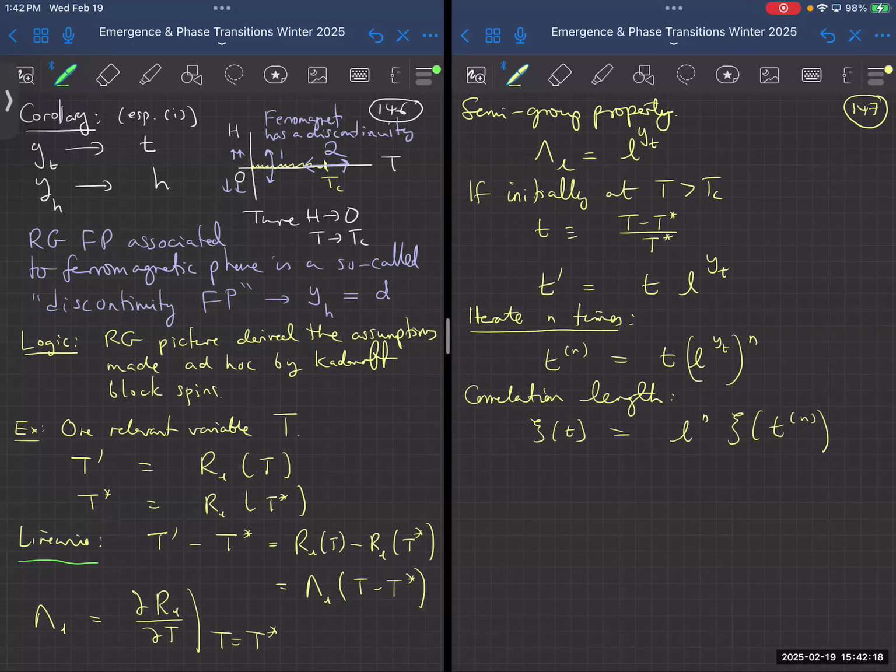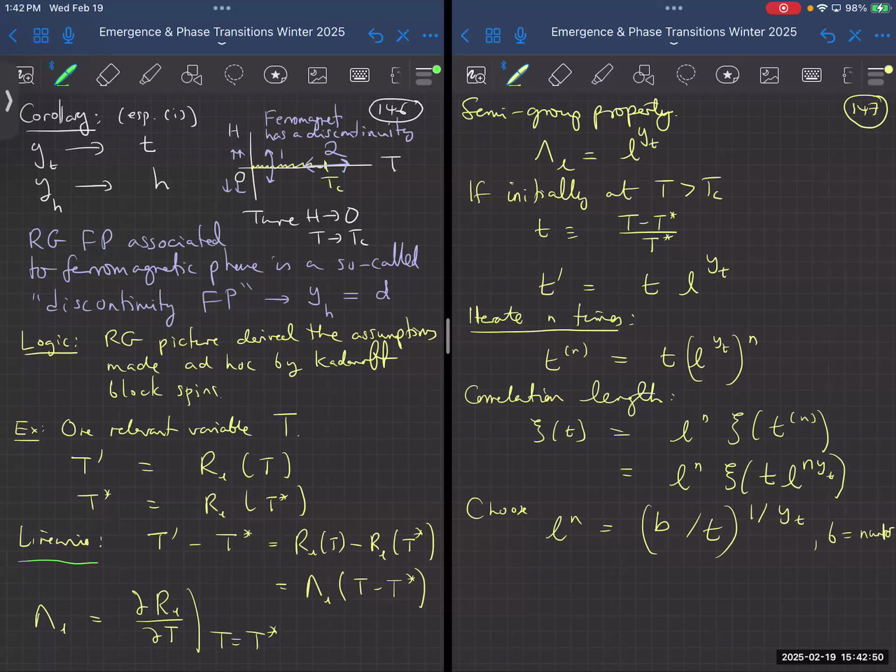And so that tells me that psi of t is equal to L to the n times psi of t times L to the n y sub t. And I'm going to choose my L to the n, some sneaky value, so some number b divided by t, all raised to the power 1 over y sub t, where b equals some number.